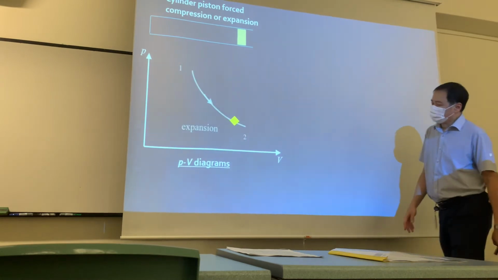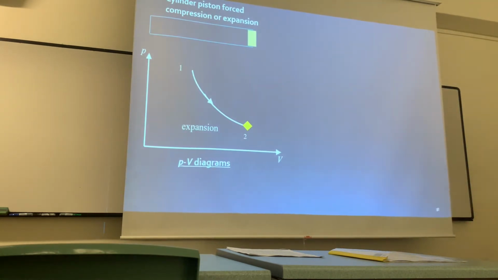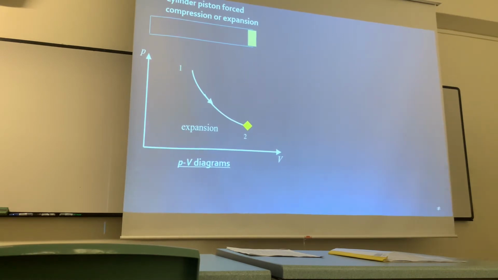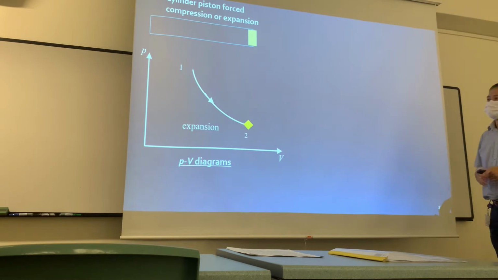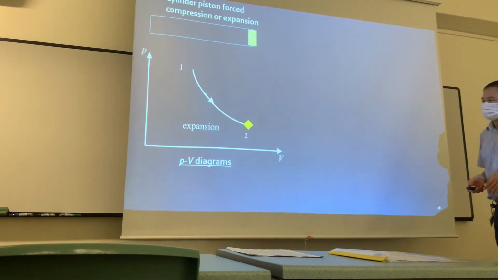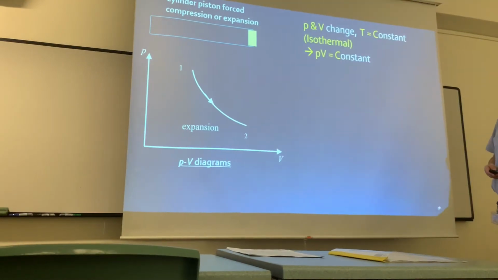But then you may say all these three look the same. I will say all these three processes are curved, but the gradient of the curve is different. Exactly how different, I will show you later, especially when we come to chapter 5, air compressor. I'll explain that.